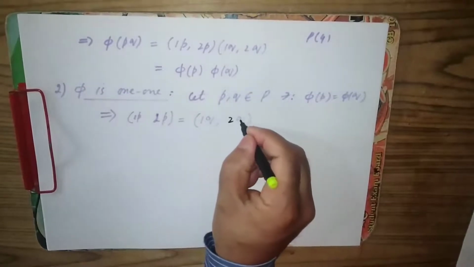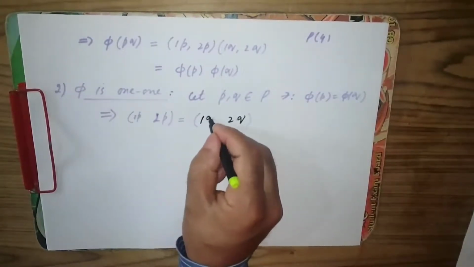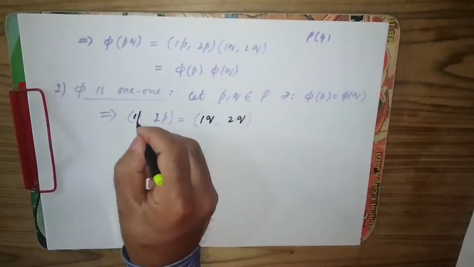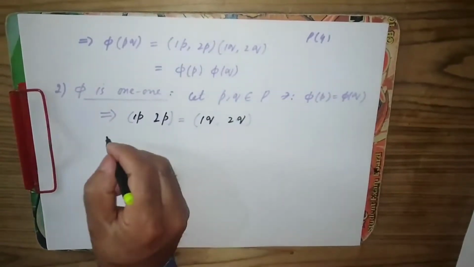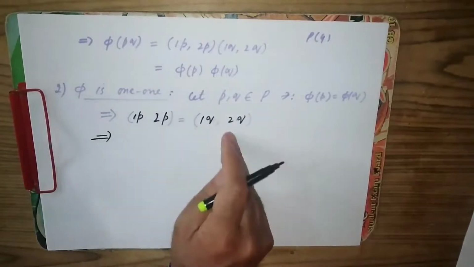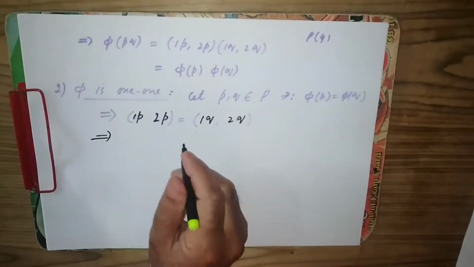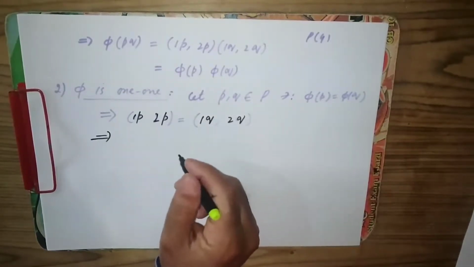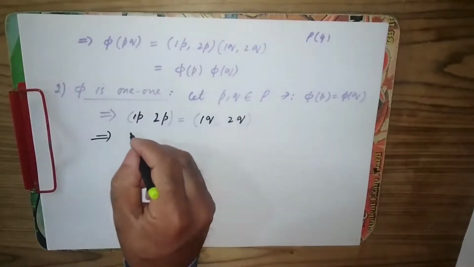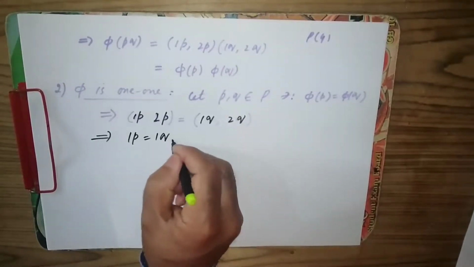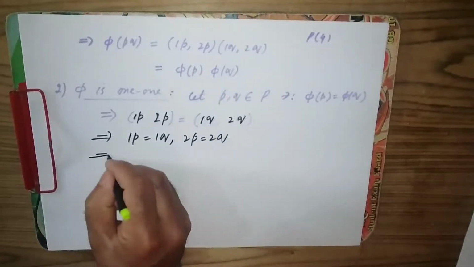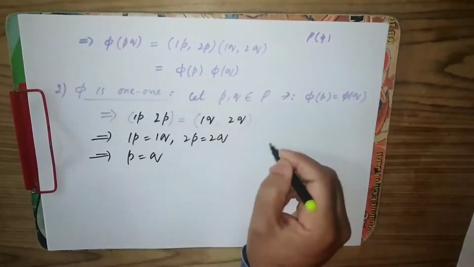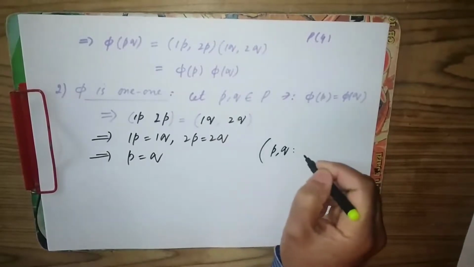And this implies, since they are ordered pairs, and two ordered pairs are equal if and only if the corresponding terms are equal, that 1p is equal to 1q, 2p is equal to 2q. So which implies p is equal to q, because p and q are maps from I.